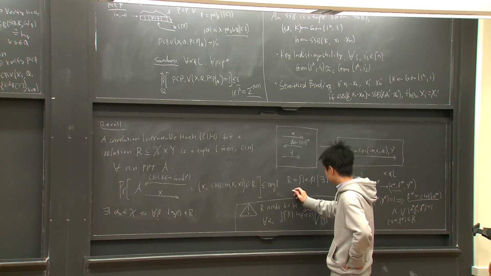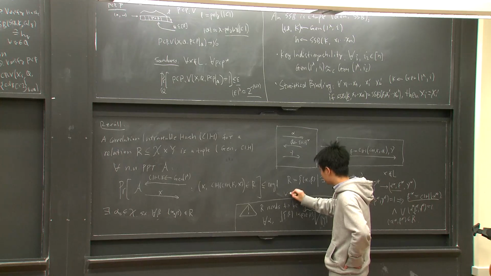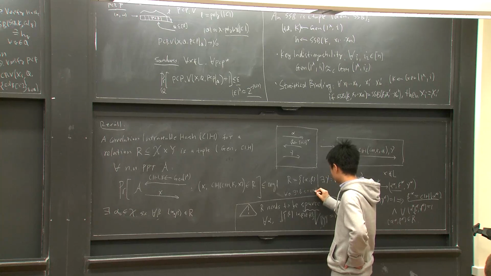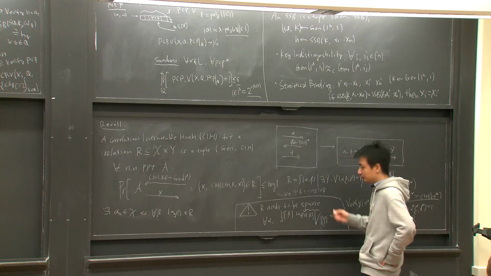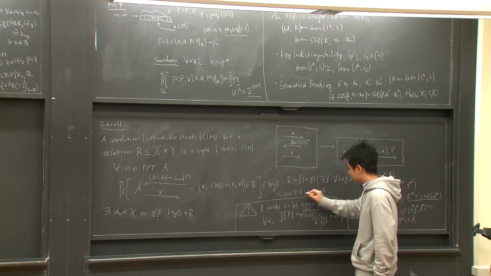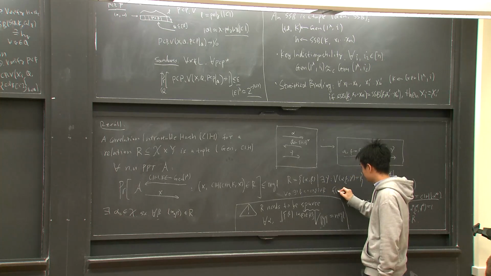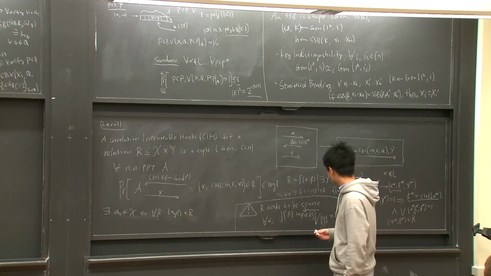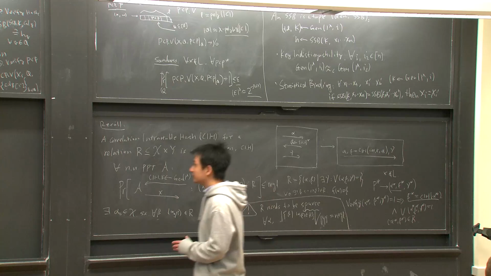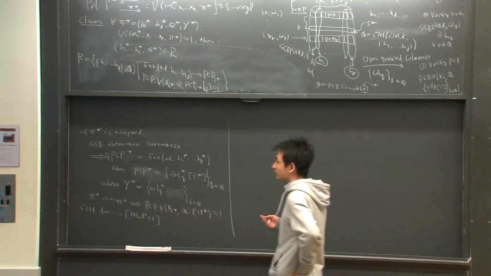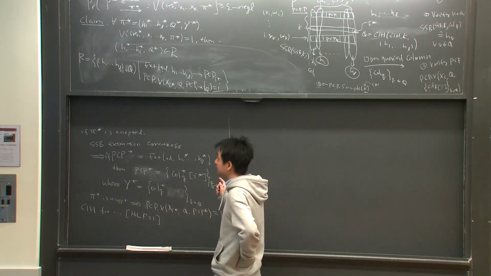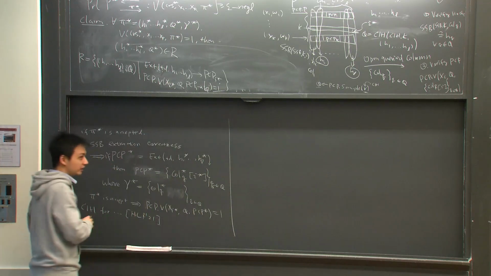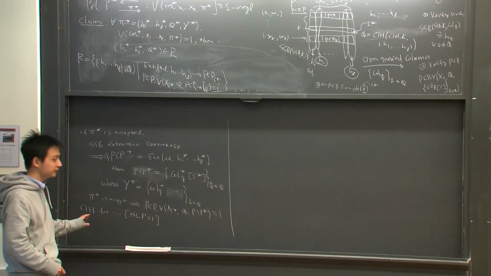So for any fixed alpha, there exists a unique beta such that this alpha beta is in this relation R. And moreover, there is some efficient algorithm F that can take this alpha and output such a beta. That's what efficiently searchable means. Here it's possible that for a fixed alpha, there might be multiple beta that can satisfy this relation, because for a fixed PCP, there might be multiple queries that can make the PCP be accepted.